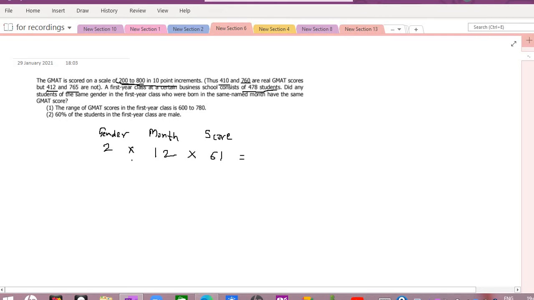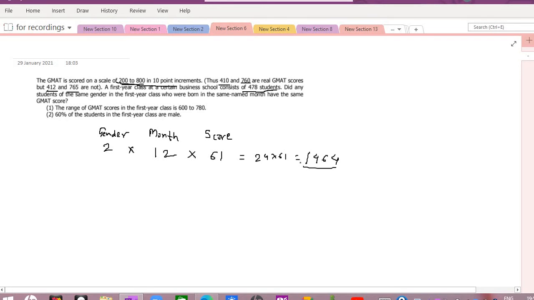So that will be 12 into 2, which is 24, into 61, and that will give you 1464. So from the information given in the question stem, we can figure out that there are 1464 unique combinations possible.